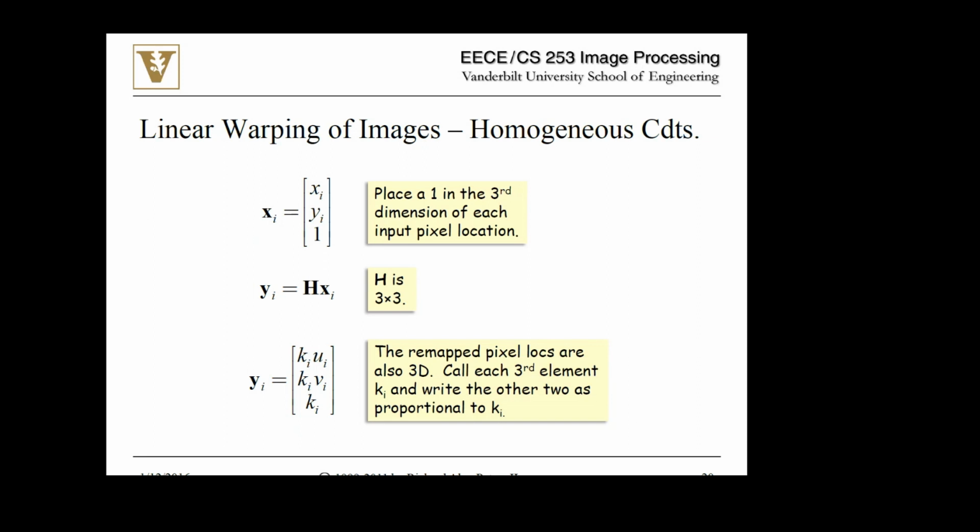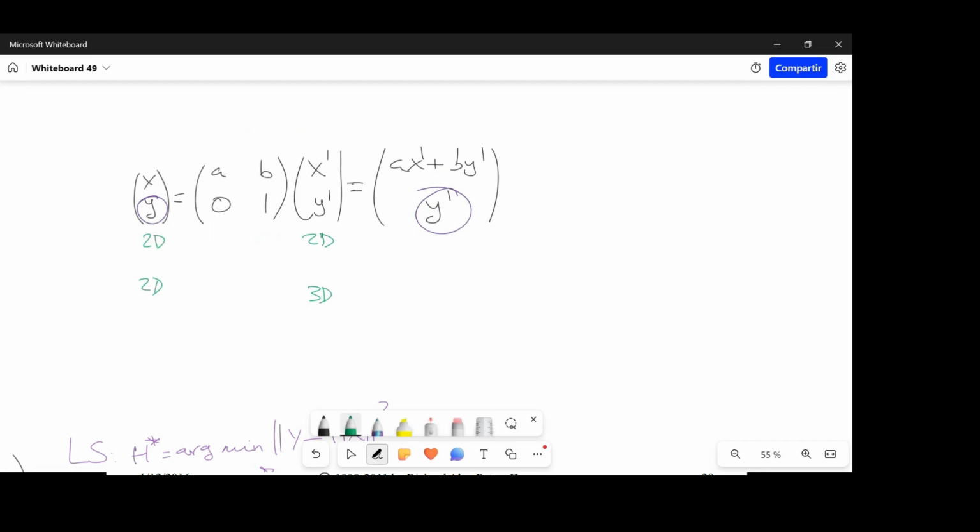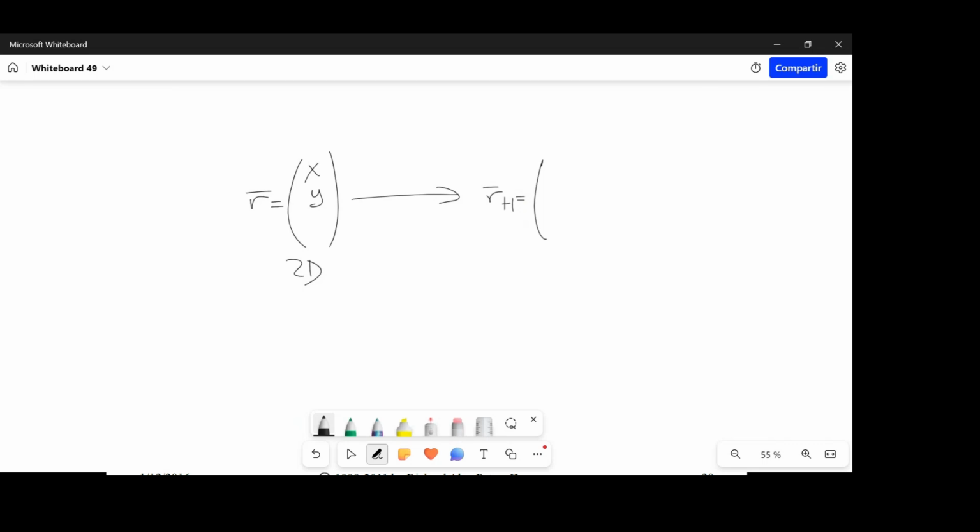What are these homogeneous coordinates? Let's say that I have a coordinate x and y. This is a 2D one. I will transform it into a homogeneous coordinate, which will be kx, ky, k.